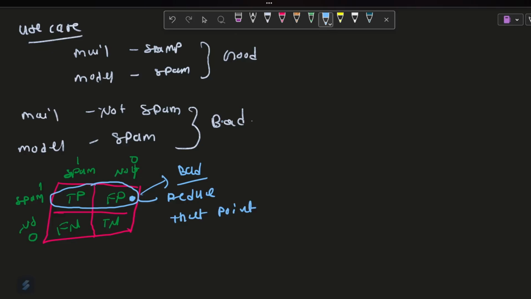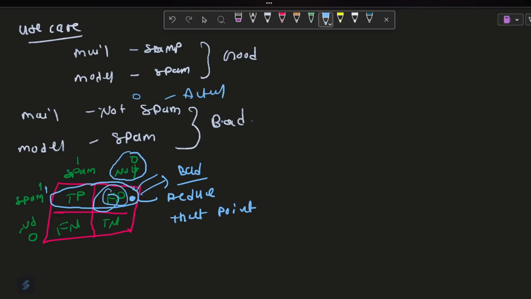When the mail is not spam, that's the actual value, not spam, but the model predicts spam. We want to reduce that point. In that case, we simply use precision.